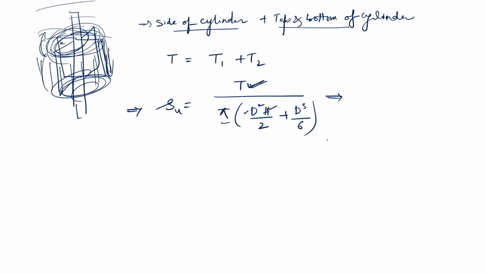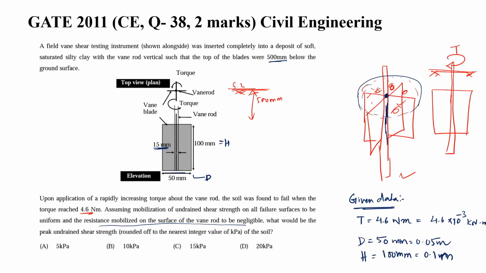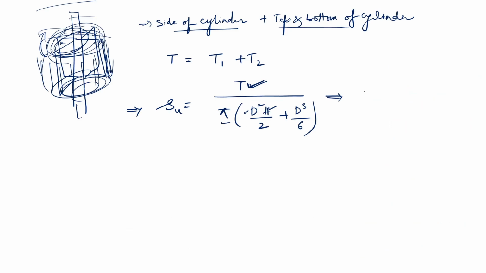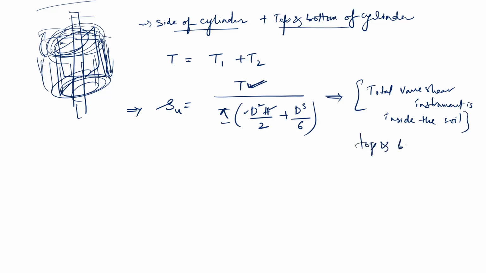But this formula is derived assuming that the total vane is well within the soil, well below the ground level. That means both top and bottom are involved in resisting the failure. In this case, the total vane shear instrument is inside the soil, so top and bottom are involved.